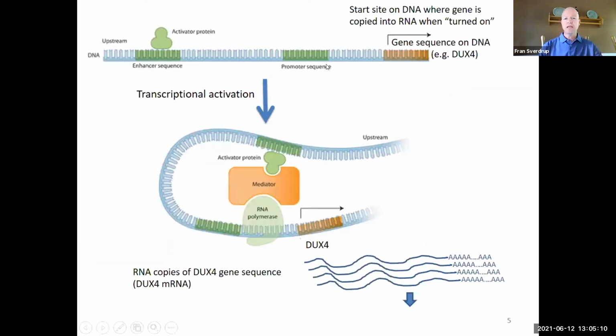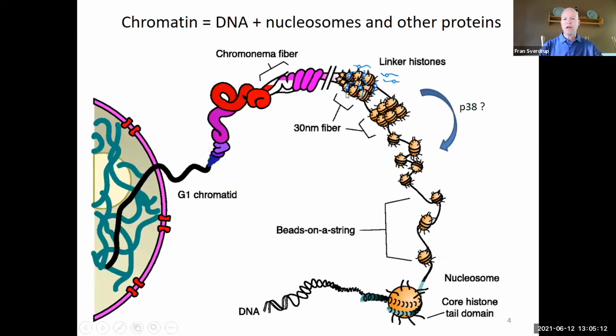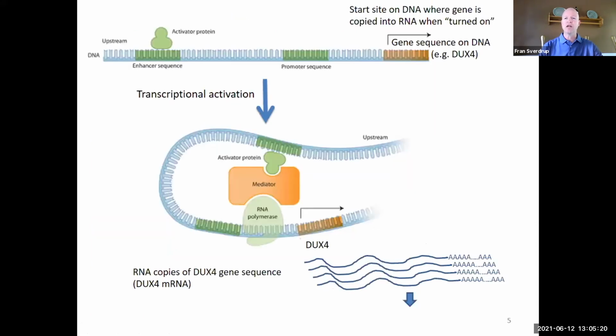So moving on, in this open DNA, DUX4 is in here somewhere, and what do you need to actually turn it on? So if we just look at the DNA sequence at the top, and again, the gene for DUX4 is on the right. One thing about turning on genes is that you have to have sequences that are regulatory in nature, such as this promoter sequence and enhancer sequence up here.